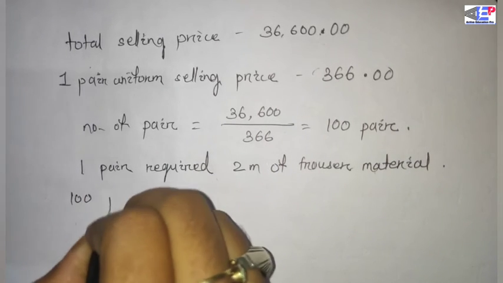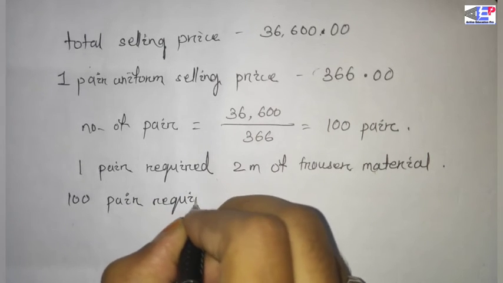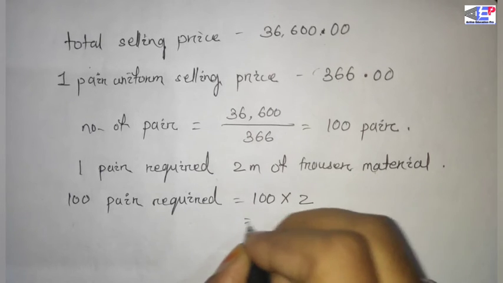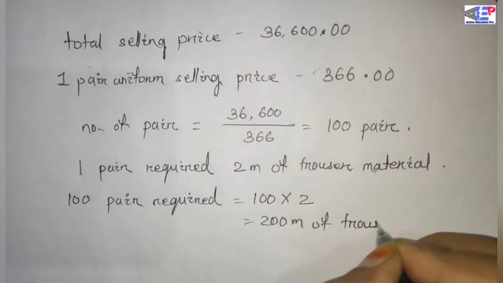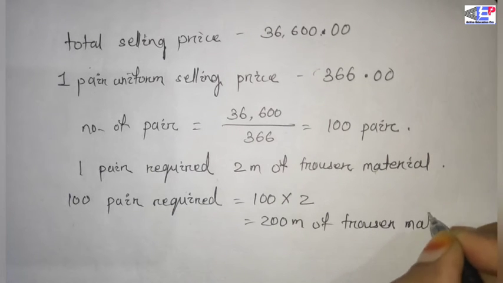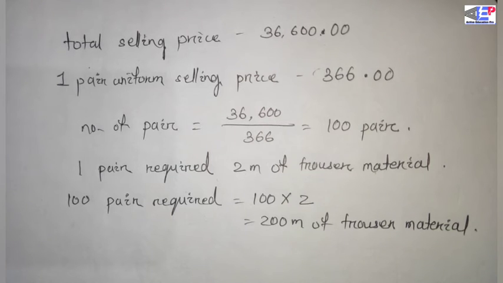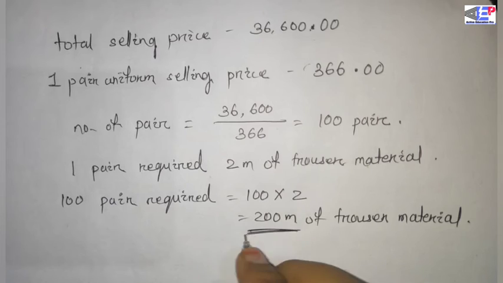So 100 pairs require 100 into 2, 200 meters of trouser material. 200 meters of trouser material. Okay, this is your answer, 200 meters.